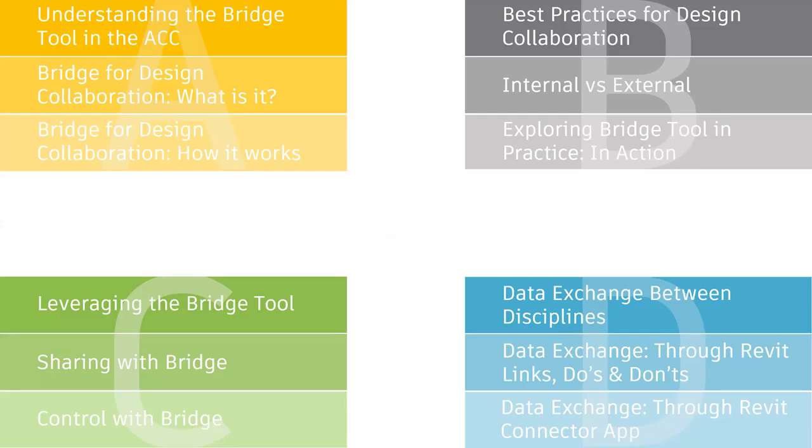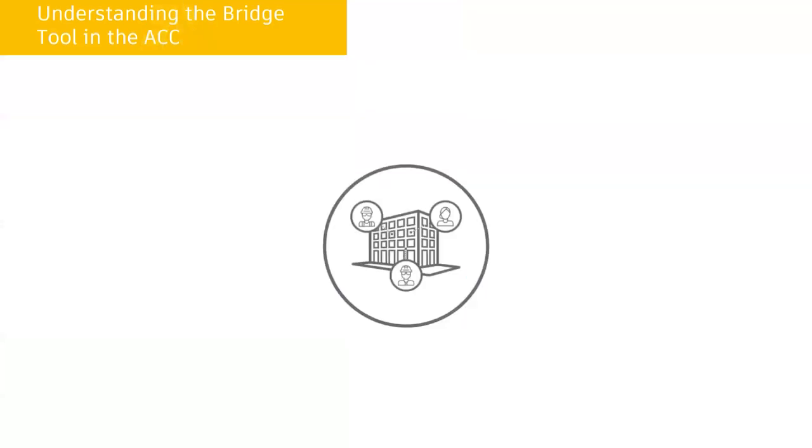From there, we'll move into workflow setup, a few demos, then leveraging the Bridge tool, and then how to optimize data exchange across teams and disciplines. Each section is color-coded to help keep things clear, and this layout will help me stay on track as well. So with that in mind, let's get to it.